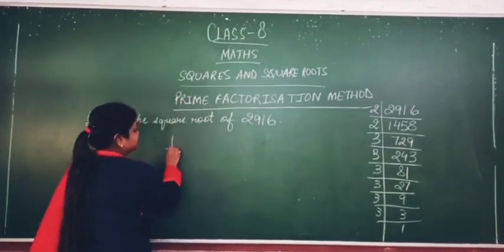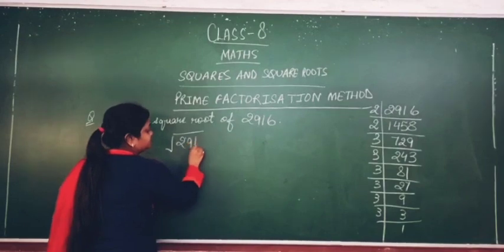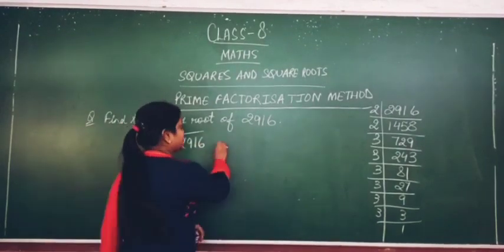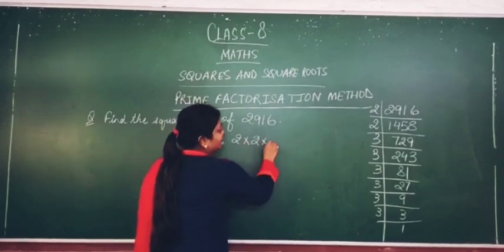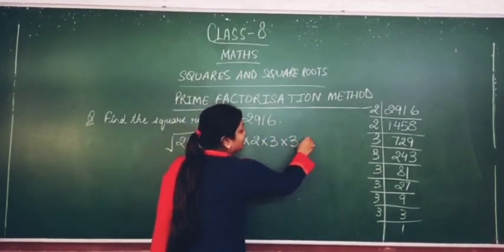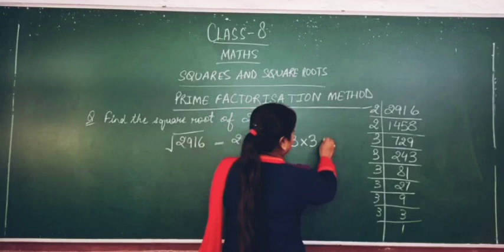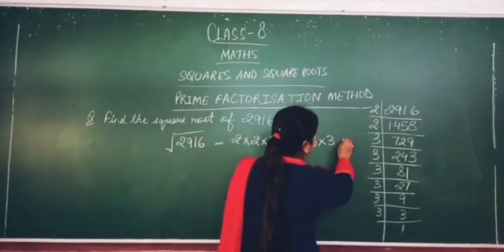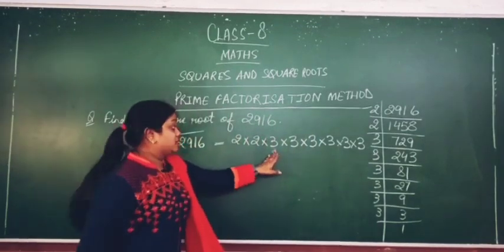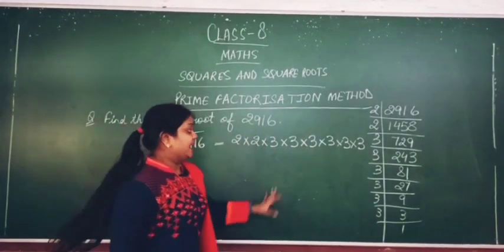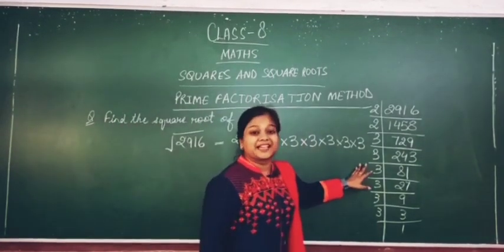So we'll write square root of 2916 equals 2 into 2 into 3 into 3 into 3 into 3 into 3 into 3. 2 is written 2 times and 3 is written 6 times.